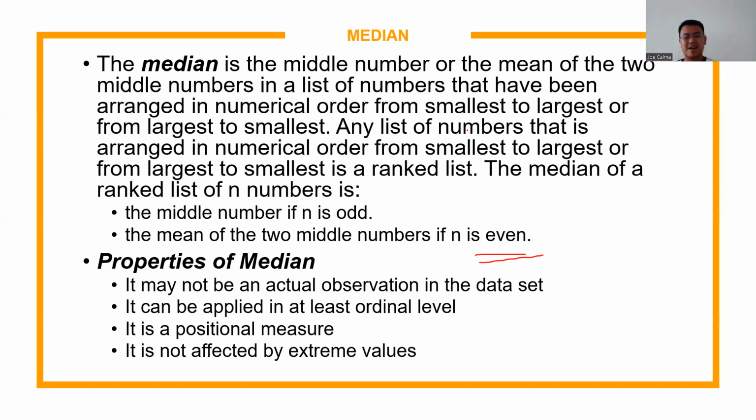Let's skip the third. It is not affected by extreme values. Unlike sa mean, kahit meron kang outlier, hindi niya hihilahin pababa or pataas si median. Kahit madami or konti si outlier, hindi nito hihilahin si median. Naintindihan?